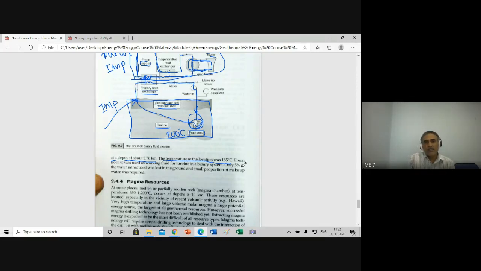This is hot dry rock. It is used for a binary fluid system, that is Freon. R114 was used as the working fluid for the turbine in the binary system. It need not be a binary system. It can also be used for other systems. This is one case study example.